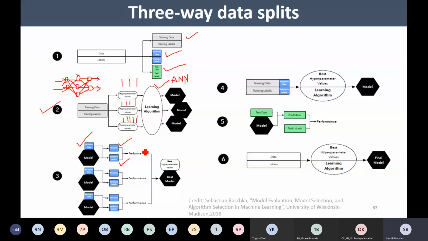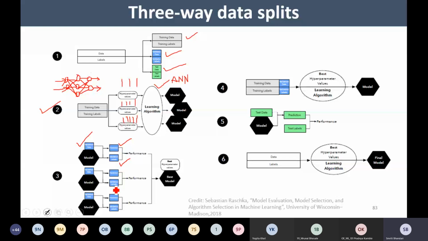Say for example, right now I have the performance metric as accuracy. Let us assume that model number 1 is created based on set 1 of hyperparameter values. Model 2 is created based on another set of hyperparameter values. And model 3 is using some other set of hyperparameter values. Now, every model is different.